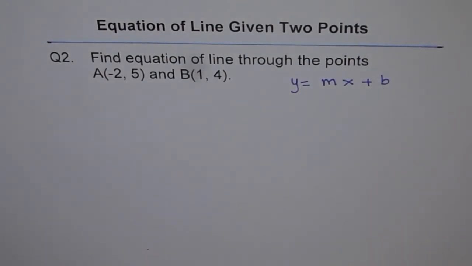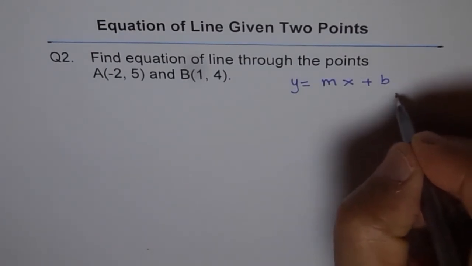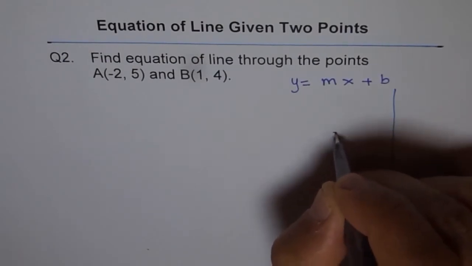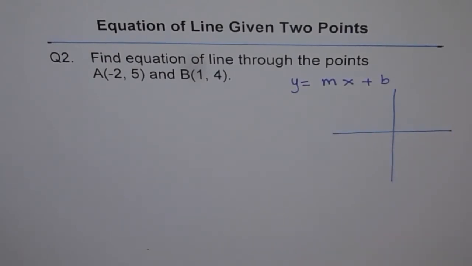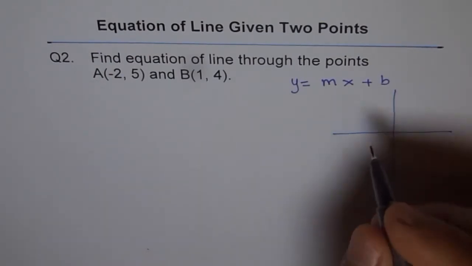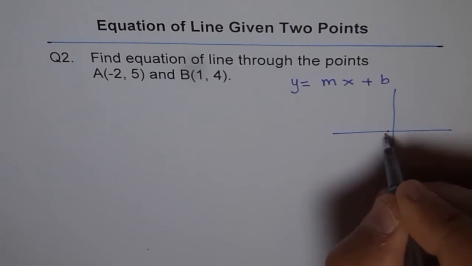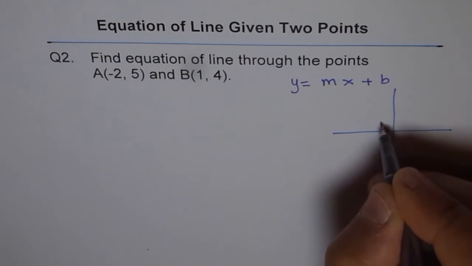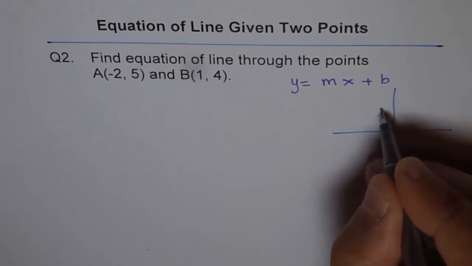Now to have an idea about this line, let's draw a sketch of it. That's our coordinate plane, and we'll approximately draw the line on it. Point A is (-2, 5), so we go to minus 2 and up 5: 1, 2, 3, 4, 5.